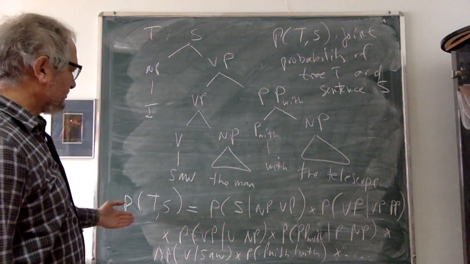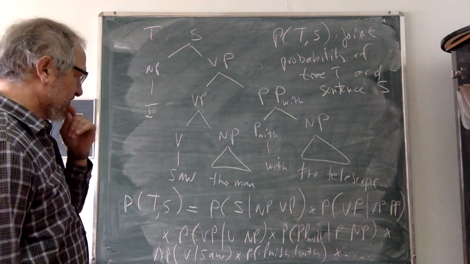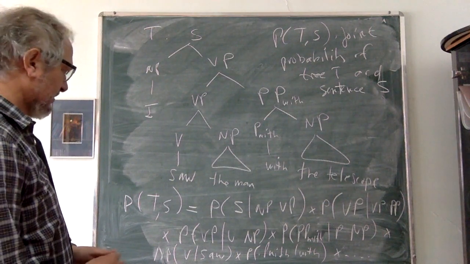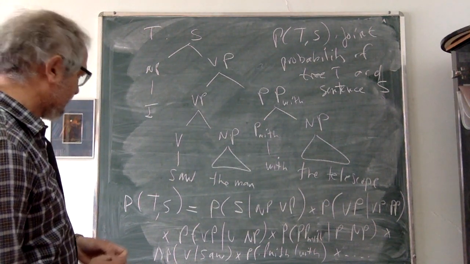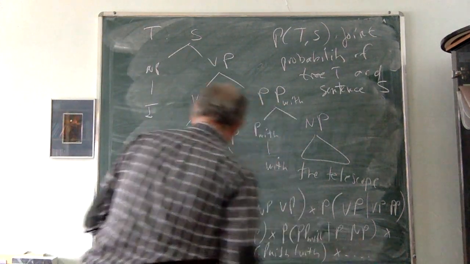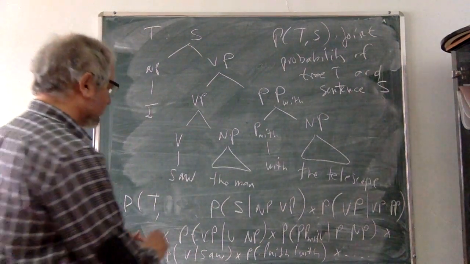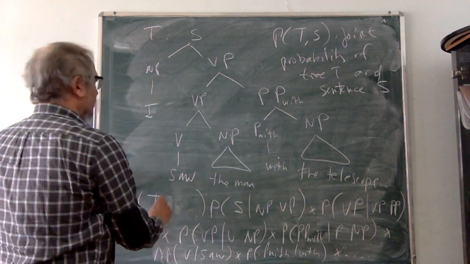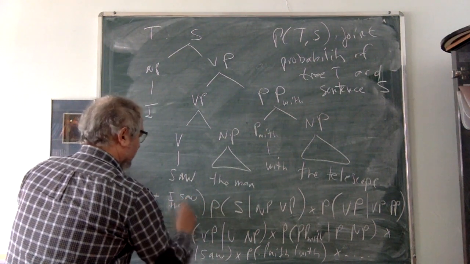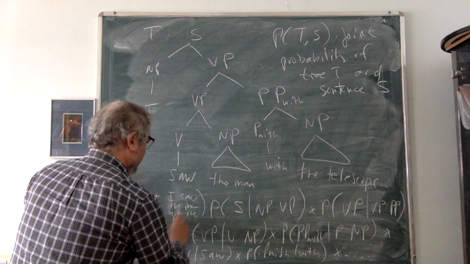So essentially the probability of this tree given the sentence S, and here I should clarify, by sentence S I mean I saw the man with the telescope.